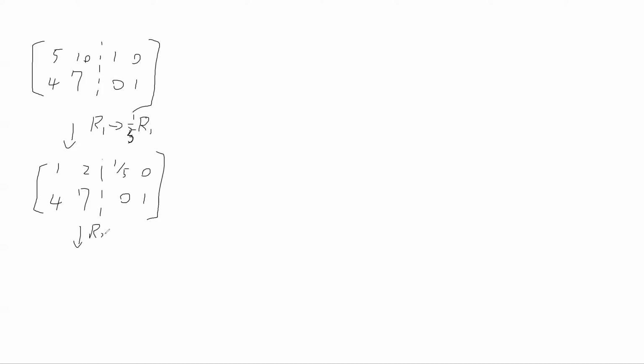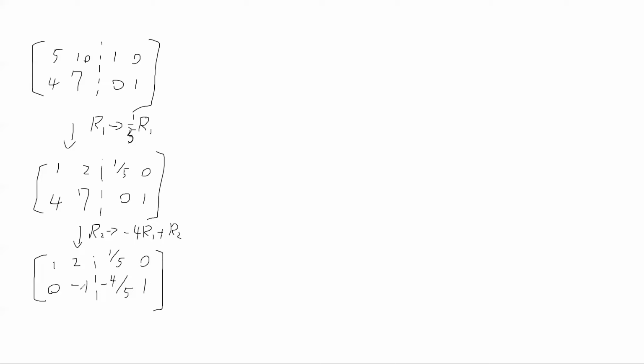So row 2 is going to be -4 times row 1 plus row 2. Right. 1, 2, 1/5, 0. That's a 0. That's -8. Right, so -4/5 plus 0, -4/5. That's still a 1. Okay.